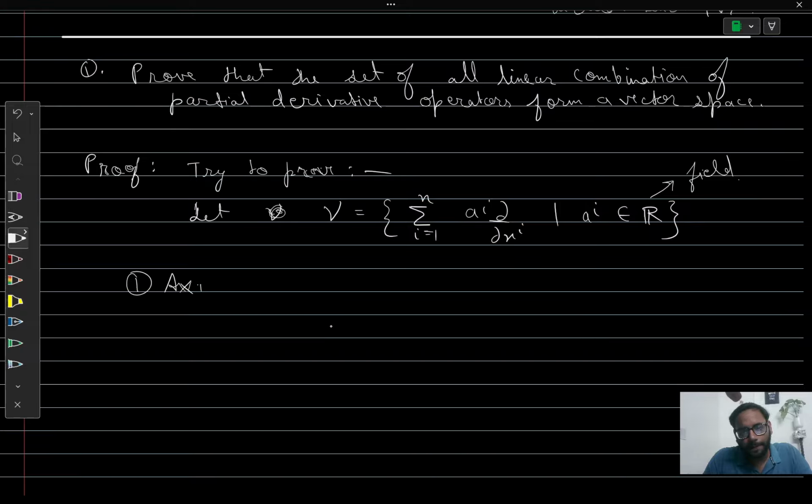Let's prove the first axiom, closure under vector addition.